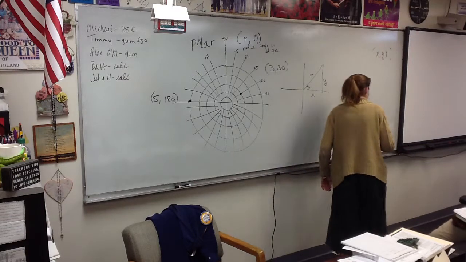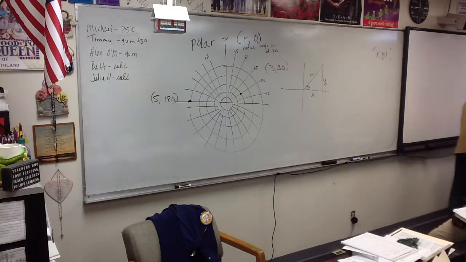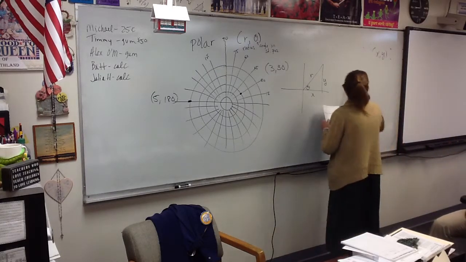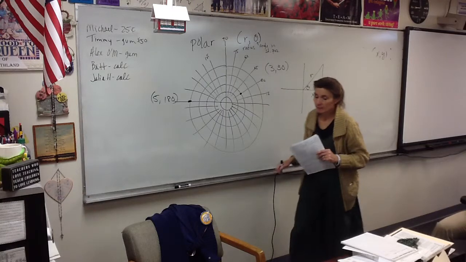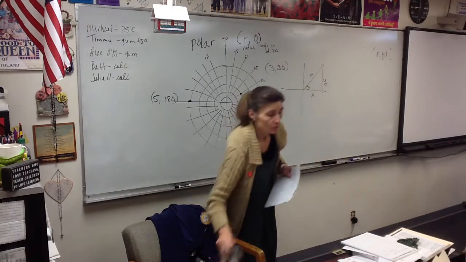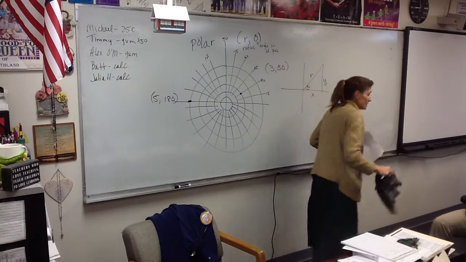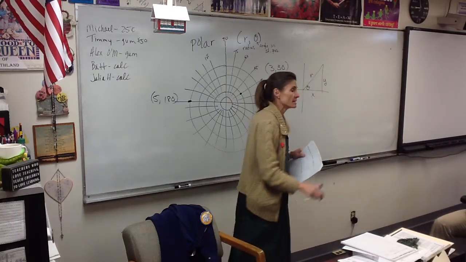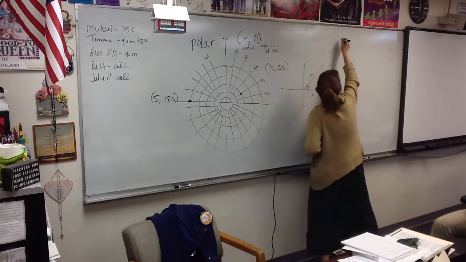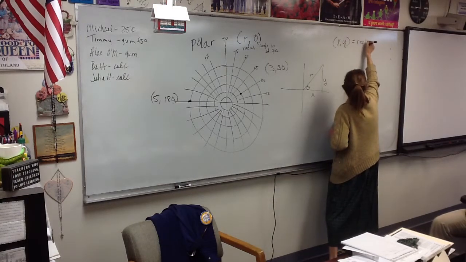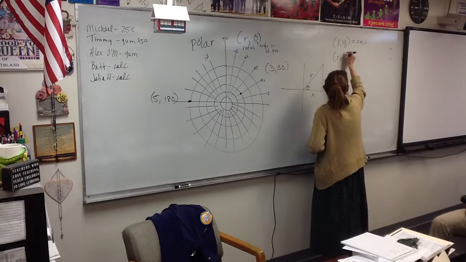Okay, so let's get our note sheet out. And we're looking at section 6.4. And we are going to convert to rectangular coordinates. Now, kids, I cannot emphasize enough how important it is that you keep in mind this is rectangular and this is polar.